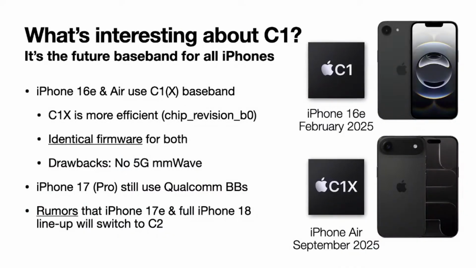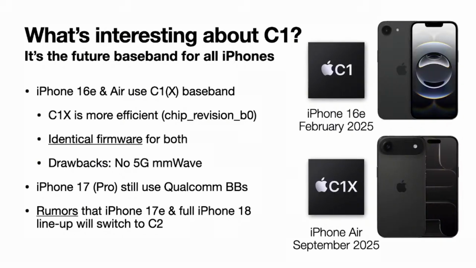C1 is actually pretty relevant for current and future research, because it is expected that Apple will switch at some point to only their internal basebands, because the contract with Qualcomm is set to run out next year. The first iPhone which shipped with the C1 was the iPhone 16e.